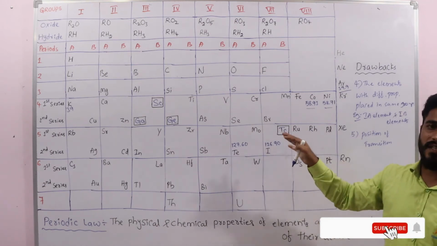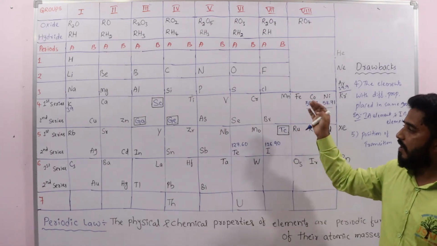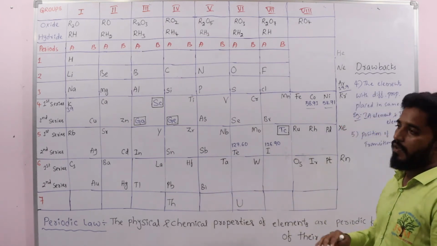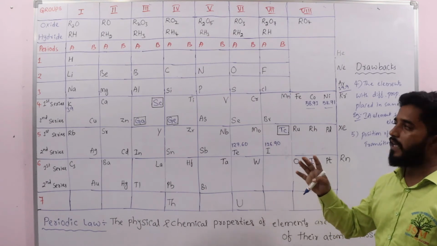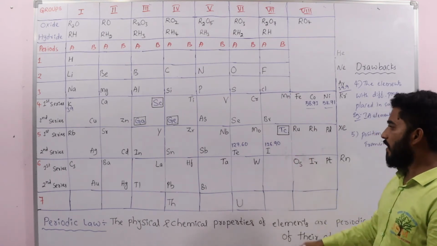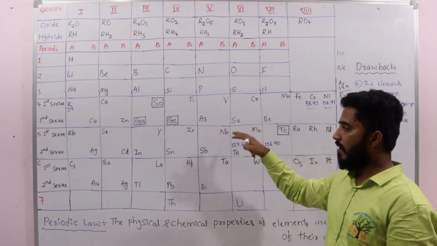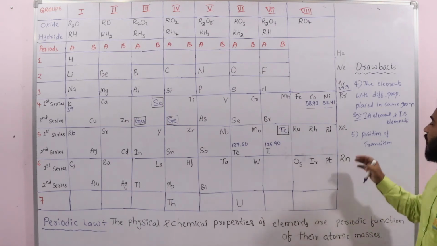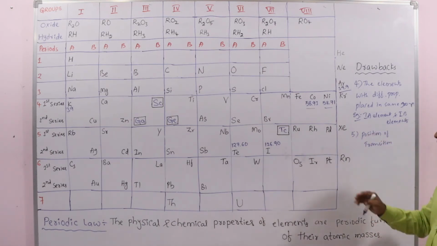These are the transition elements, which are placed along with representative elements. In the modern periodic table, s block and p block elements are called representative elements. So transition elements are placed along with representative elements. That is also a drawback of Mendeleev's periodic table, and Mendeleev gave no reason for this.